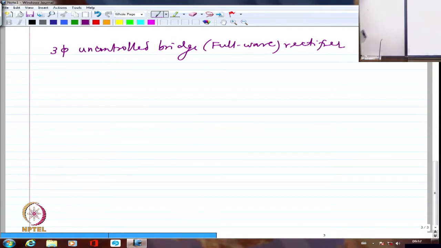Voltage across load. Yes, it is phase voltage, no doubt. But when we are deriving, if I am writing Vm sin omega t, just a second here. Thank you for pointing out. I should write Vm by root 3. Vm by root 3.